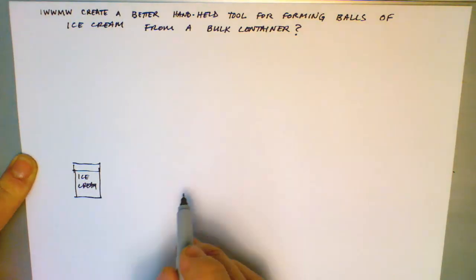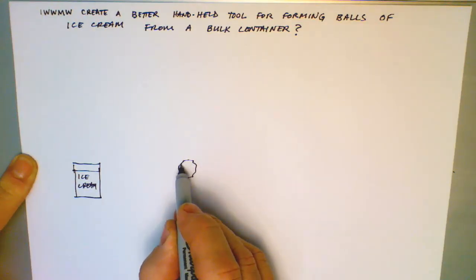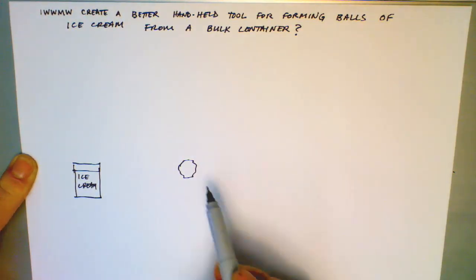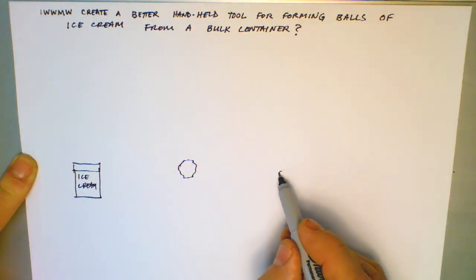and then we can imagine dividing some element of that, some portion of that bulk, and then we could imagine forming that portion into a ball.